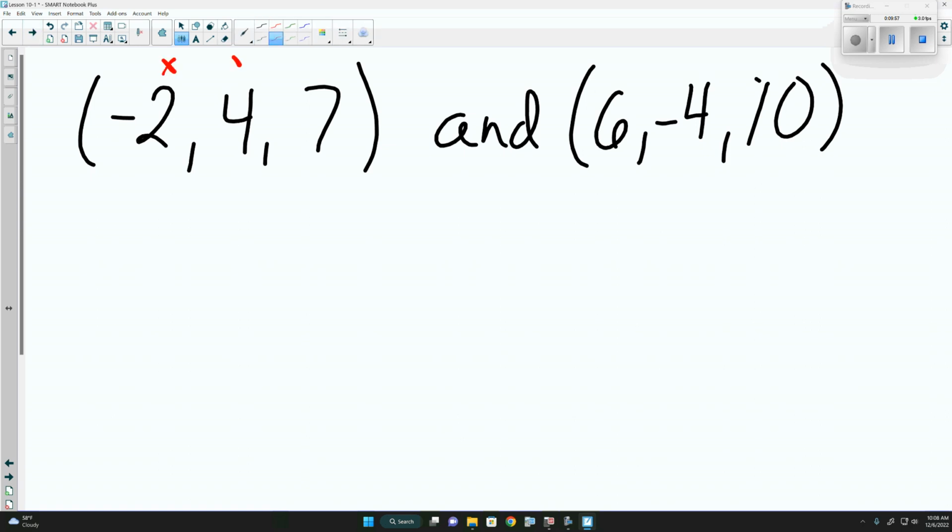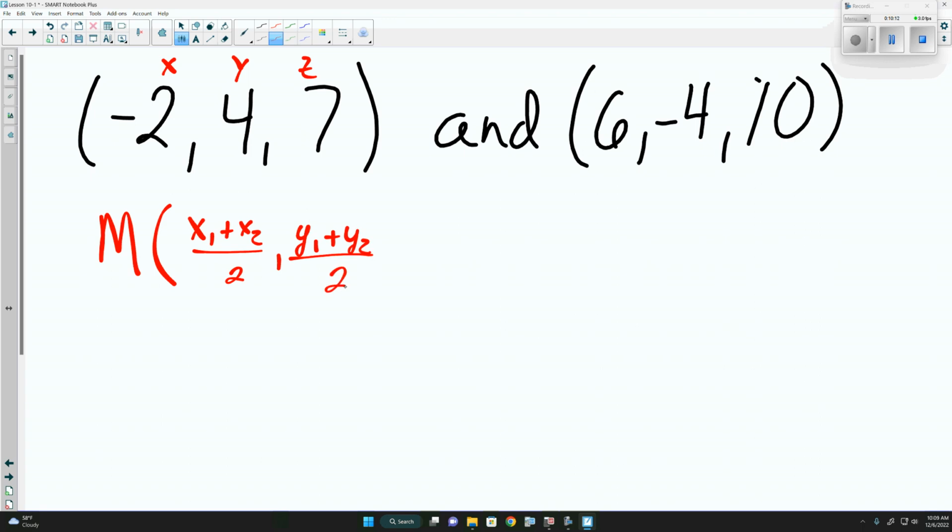So this is x, y, z, yes? So what would I need to do to change it for this? Here we have 3 variables, so the midpoint for 3 variables is going to be this here.